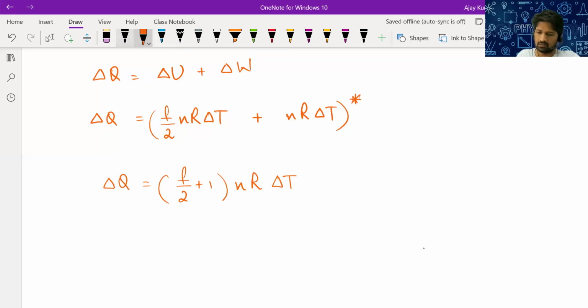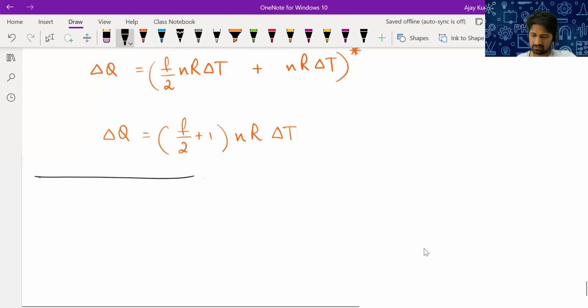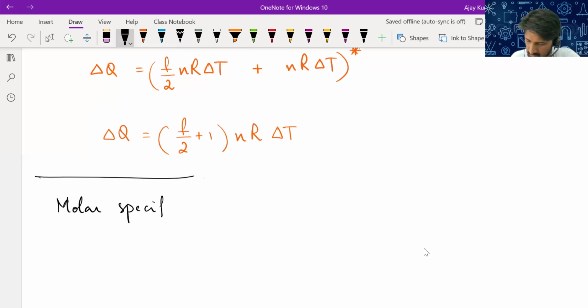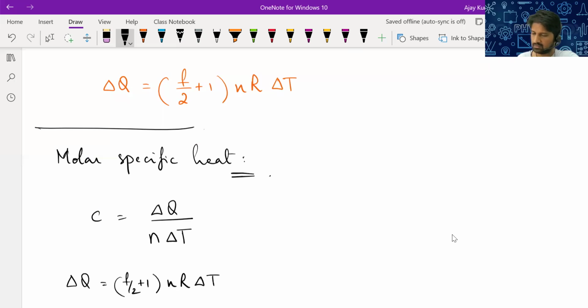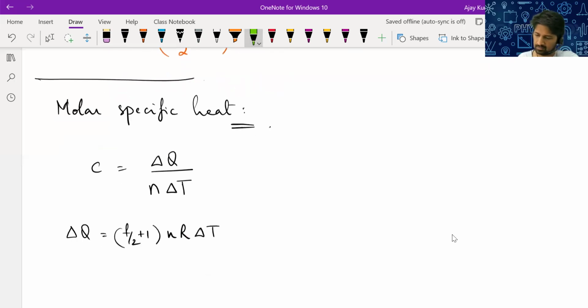Okay. Done. We derived formulas for delta W, delta U, and delta Q in this kind of a process. Next thing we need to derive is the molar specific heat. Basic formula for molar specific heat, delta Q divided by n delta T. Now we just derived that for an isobaric process, delta Q is (F by 2 plus 1) multiplied with nR delta T. Now send n and delta T to the other side, to the denominator.